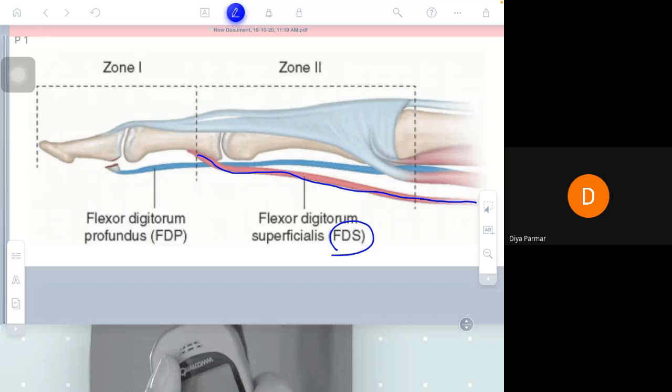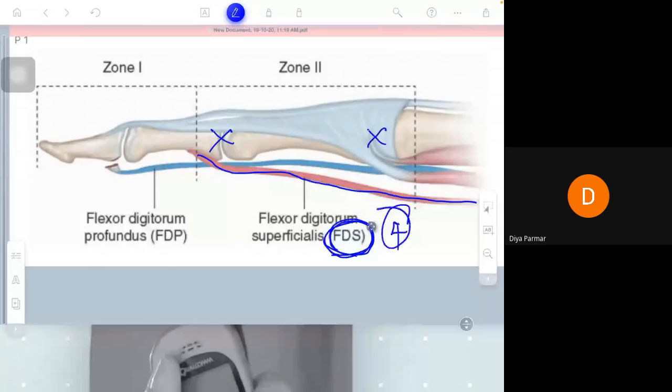It crosses only the metacarpophalangeal joint and proximal interphalangeal joint. It does not reach the distal interphalangeal joint. Clear? So FDS assists the grasp if more power intensity is required, that is in the fourth phase.